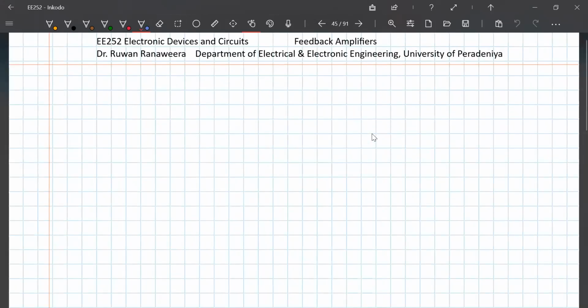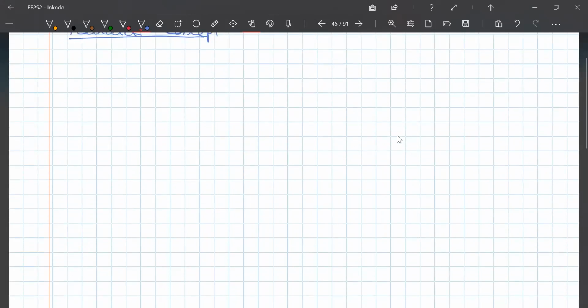Okay, now see the feedback concept. Now, so far, what we have seen is basically amplifiers.